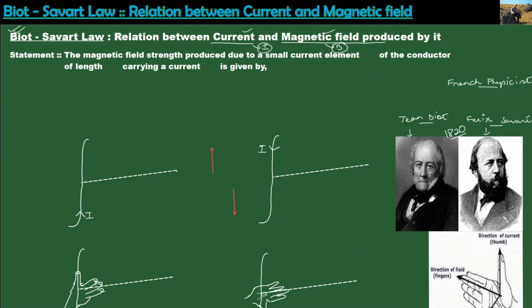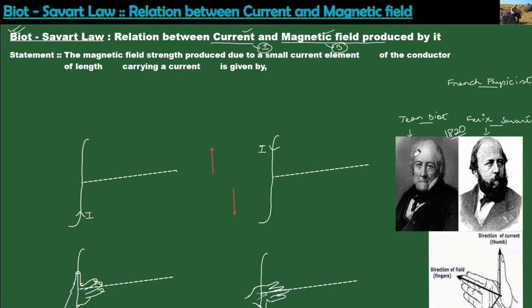Biot and Savart collaboratively established this empirical formula, which gives us the foundation or the relation between current and magnetic field, or we can say a connection between electricity and magnetism.